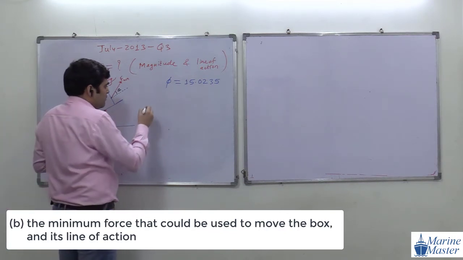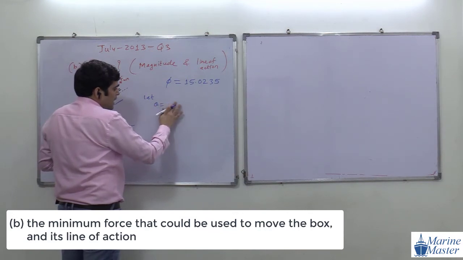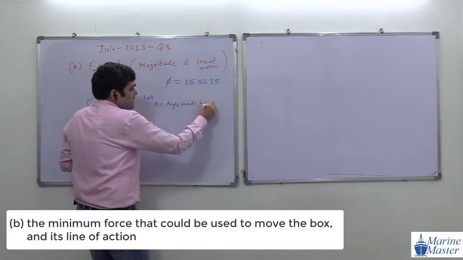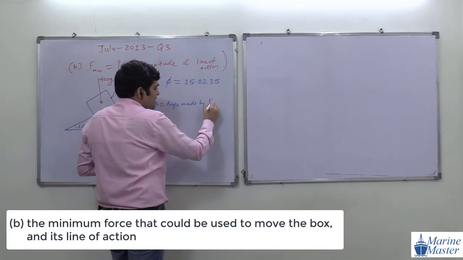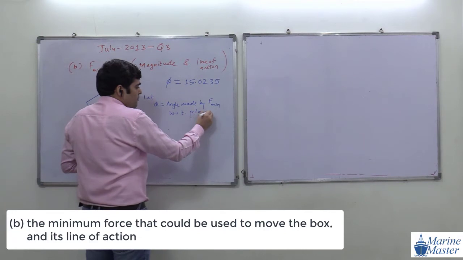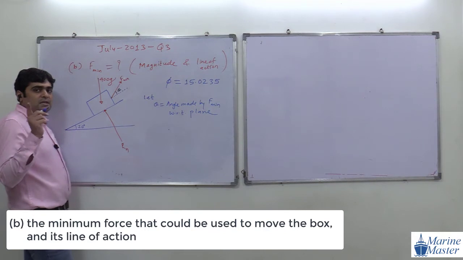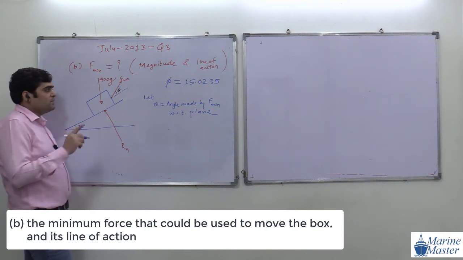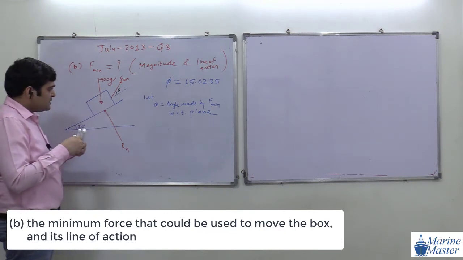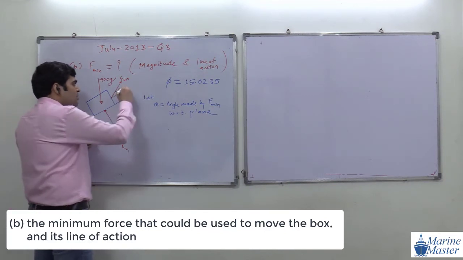Let theta be the angle made by F minimum with respect to the plane. So here F minimum is making angle theta with respect to plane.